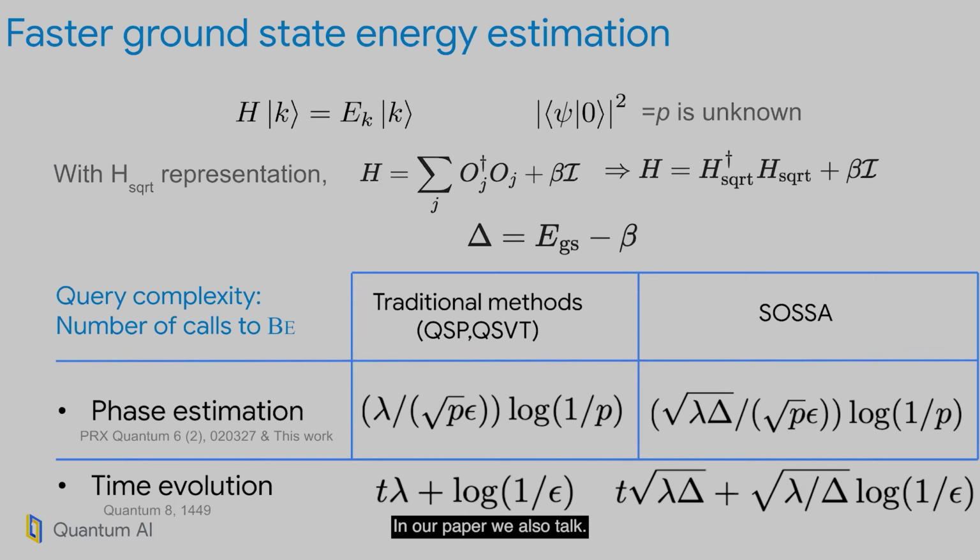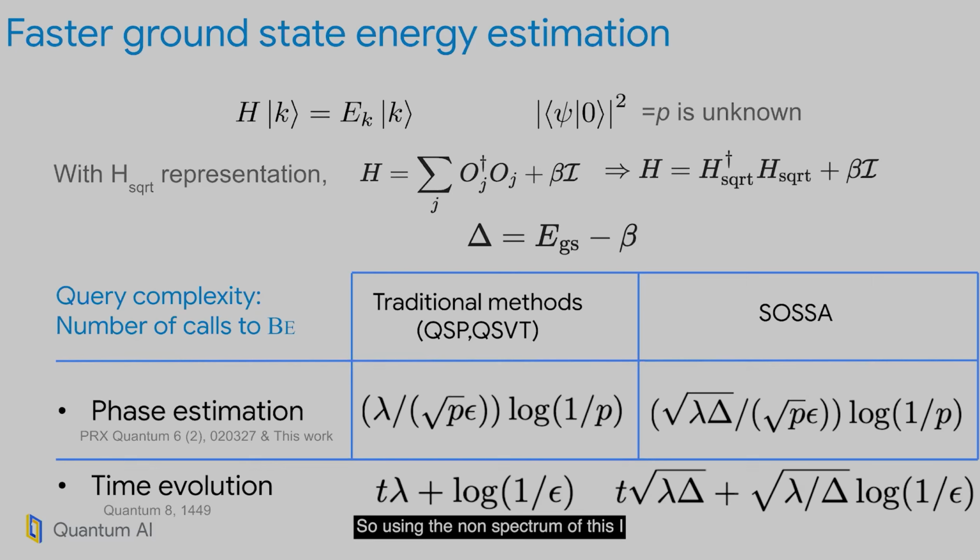In our paper, we also consider the more general case where the overlap with the ground state is some arbitrarily small number. So maybe this could be the case where you're dealing with a harder problem, something closer to QMA hard. In that case, there are questions about what would be the asymptotic complexity of estimating the ground state energy to some desired epsilon, in this case of finite overlap.